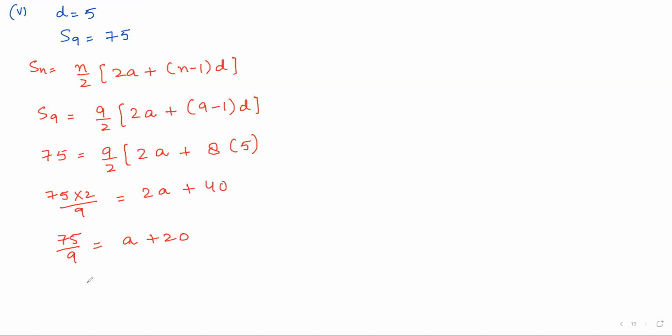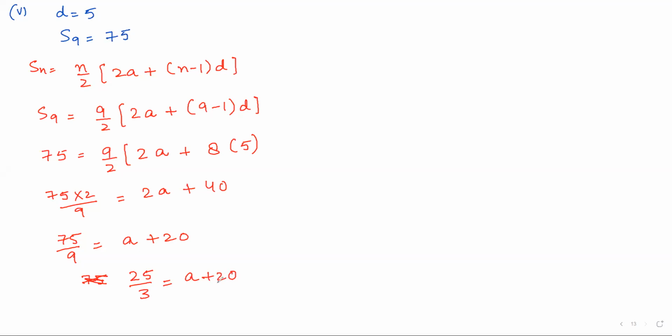Okay. So 75, can I reduce it? If I divide this by 3, 3 into 2 is 6 and then 15. So 3 into 5, 25 by 3 is equal to a plus 20, right? Yeah, this is correct.